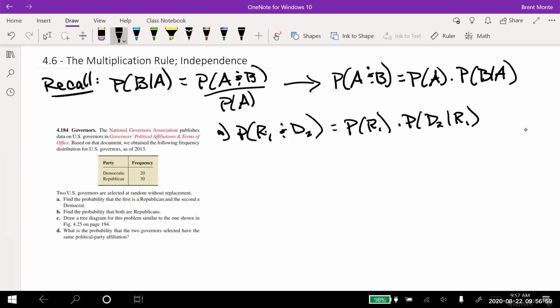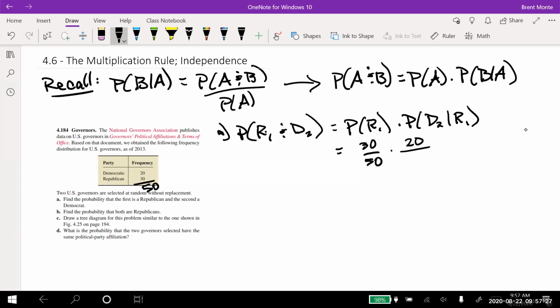So what's the probability the first one is a Republican? Well, that's going to be F over N, 30 out of all 50 of those governors. Obviously that is 50. We have 50 states. Each state has a governor. Times the probability the second one's a Democrat given the first one's a Republican. Well, we still have 20 Democrat governors. But do we still have 50 governors?